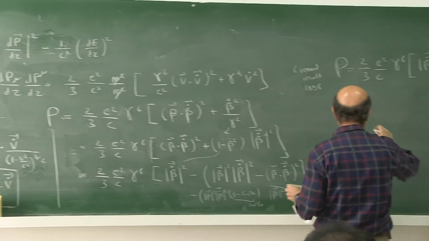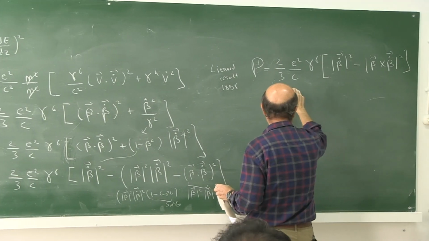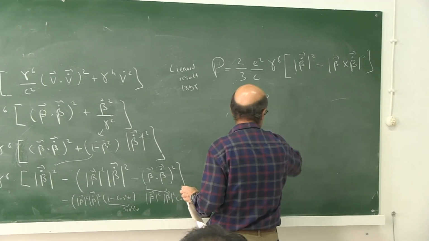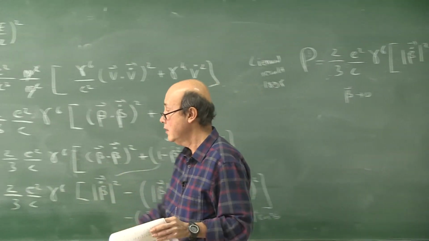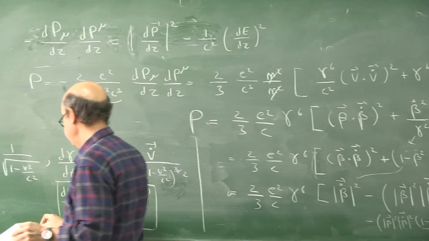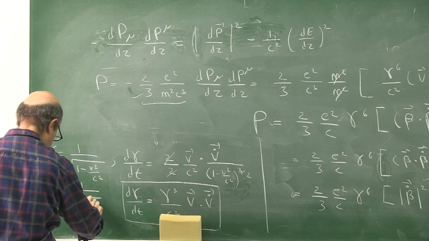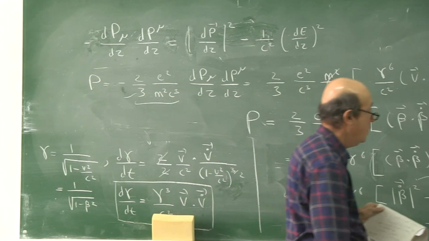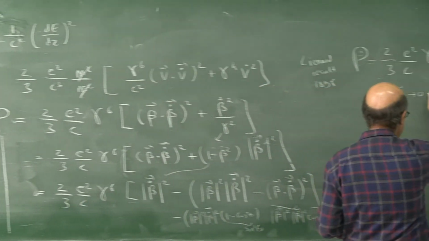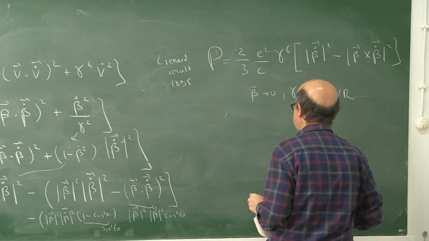If you go to the non-relativistic case, beta goes to 0, and when beta goes to 0, gamma goes to 1. That is the non-relativistic case.